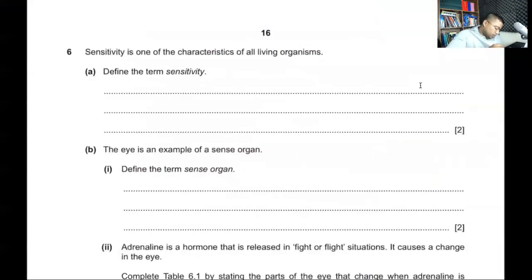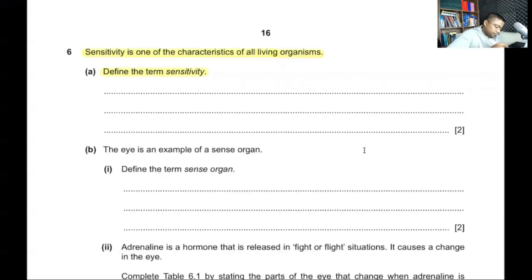Okay, guys, moving on to the next question. Sensitivity is one of the characteristics of all living organisms. Define the term sensitivity. Now, in our last few question papers, we have done this answer several times.